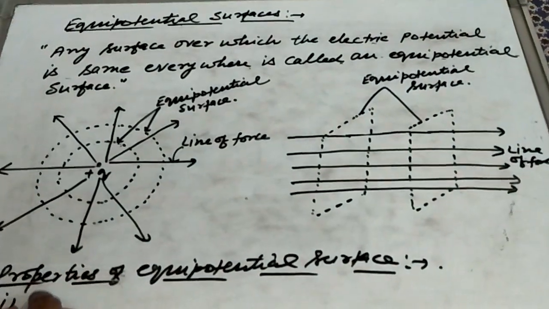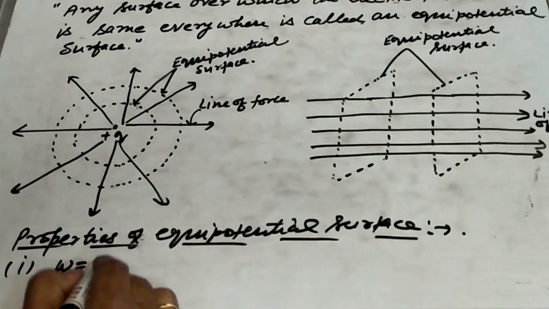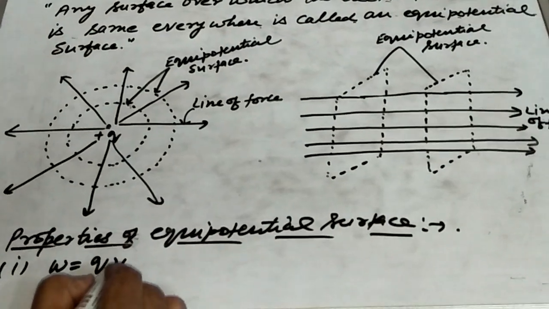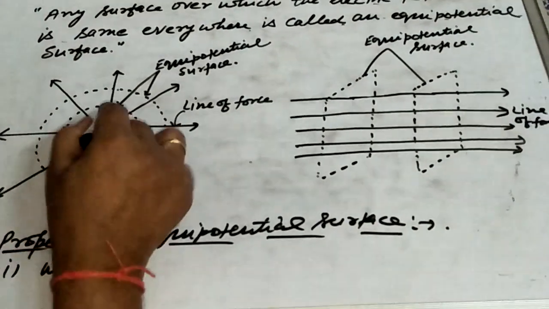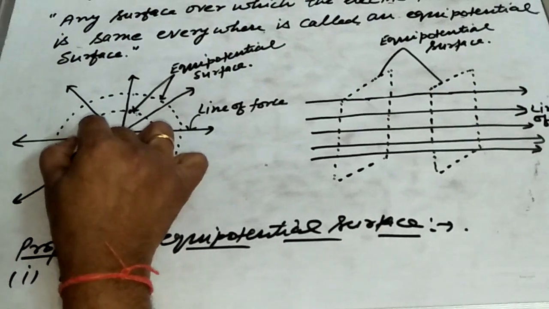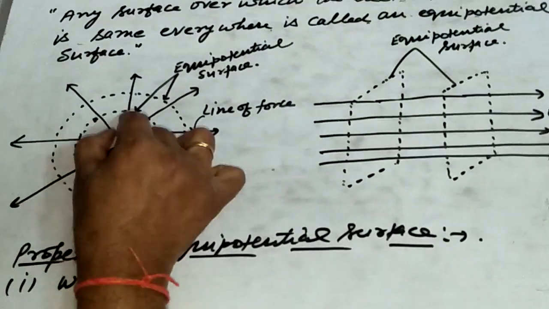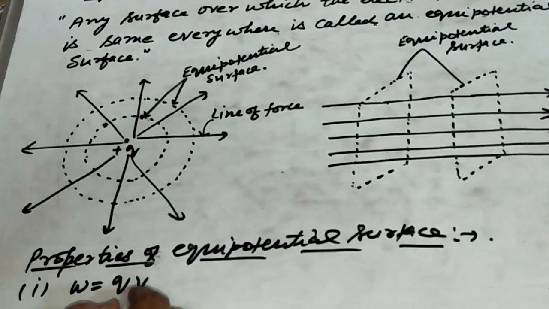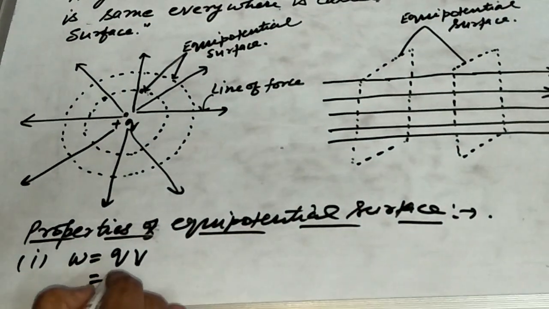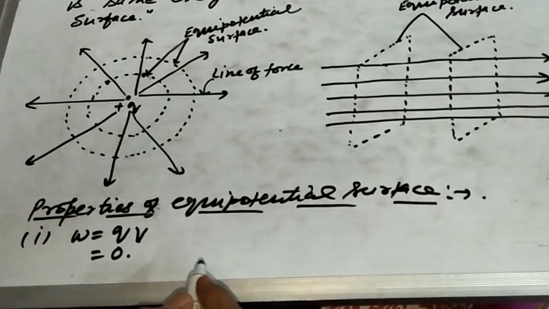Why? You know the formula, the work done W is equal to Q into V, where V is the potential difference. When you take any two points on the equipotential surface, the potential at these two points remains the same. So V, the potential difference, is equal to 0, and the work done will also be 0.